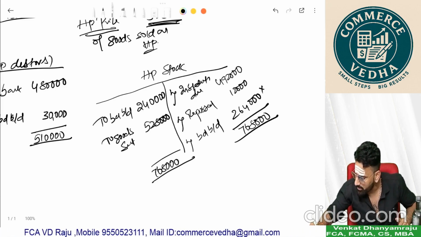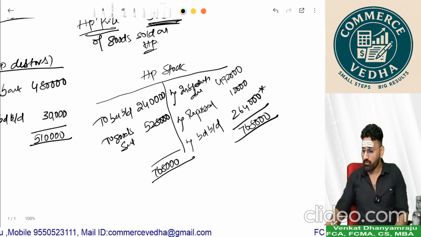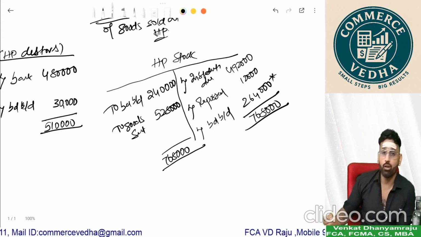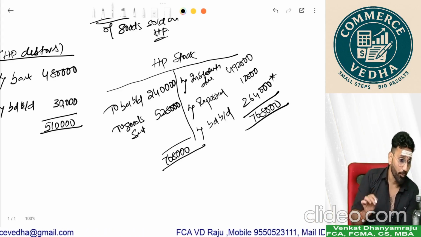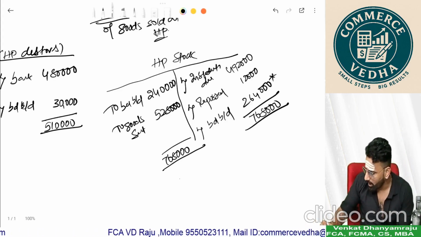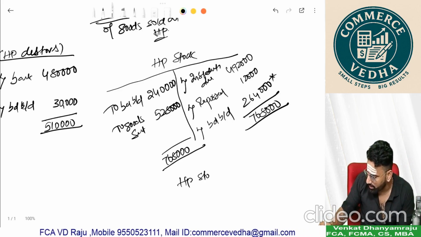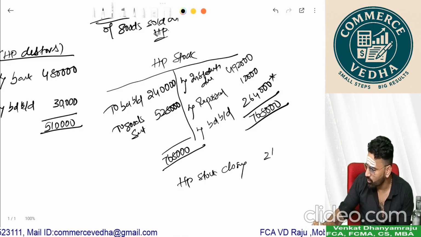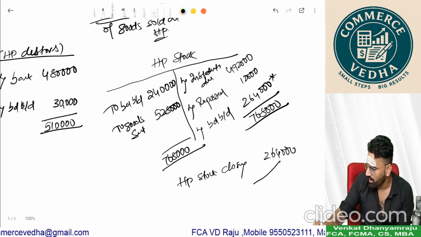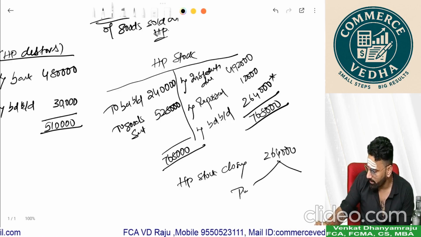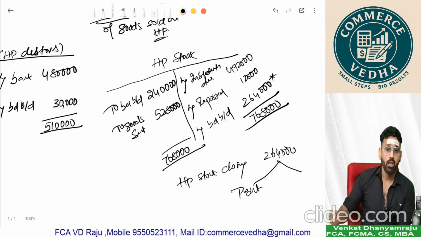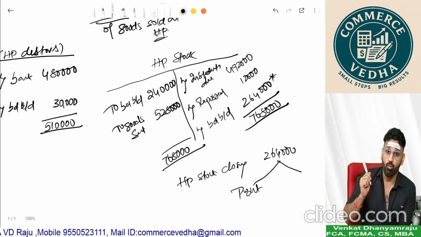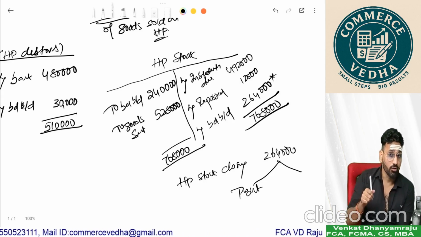Hire purchase stock. As we all know, hire purchase stock includes profit, right? So hire purchase stock closing balance 2,64,000 and profit is nothing but on sales 1/4, on cost 1/3.